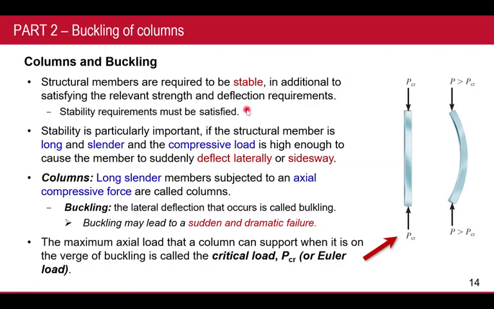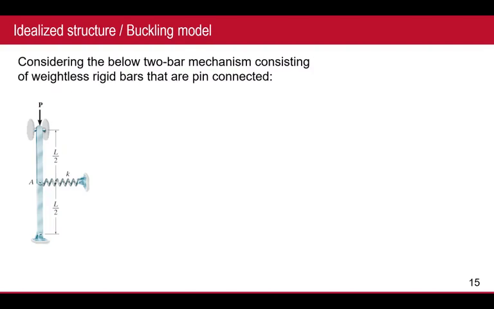So buckling is one of the very important failure modes for slender columns, even when the load is far below the yield strength. But how can we understand this? First, we should understand how buckling will happen.